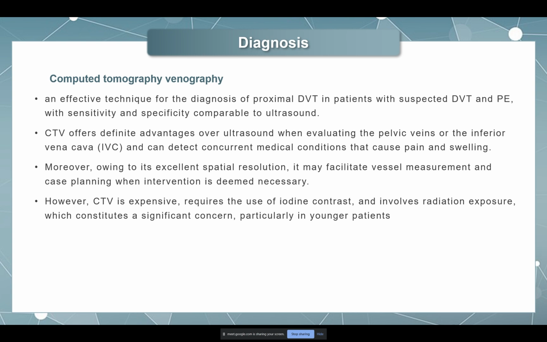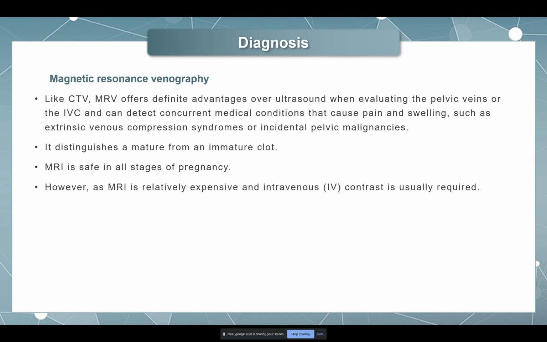Moreover, owing to excellent spatial resolution, it may facilitate vessel management and case planning when intervention is deemed necessary. But CTV is expensive, requires iodinated contrast and involves radiation exposure. So when it comes to younger patients, this test is a more significant concern.